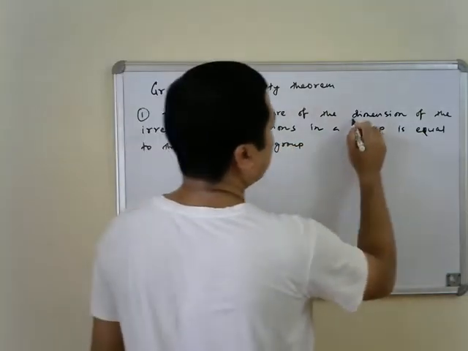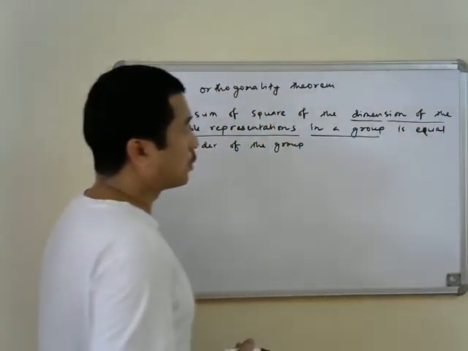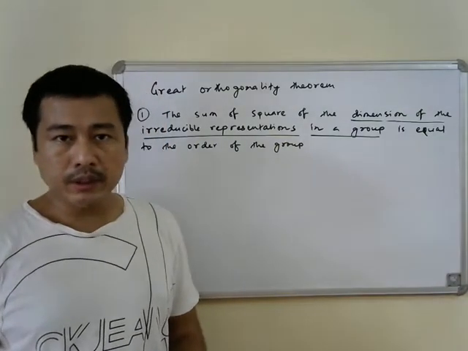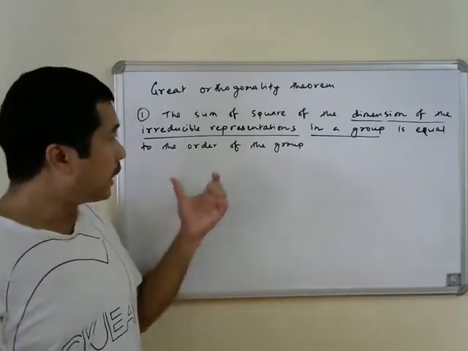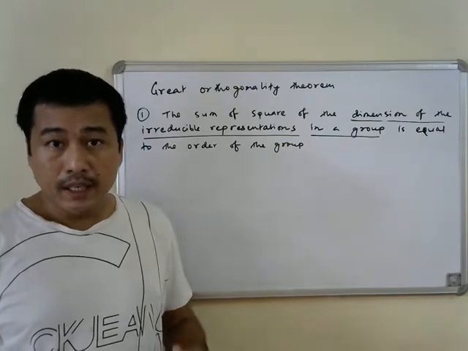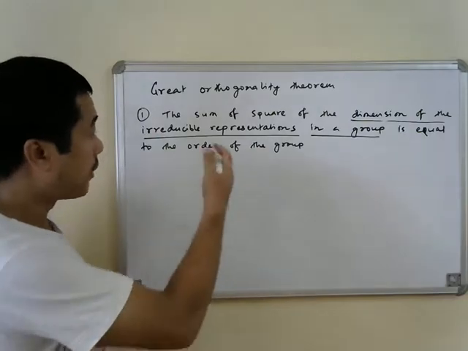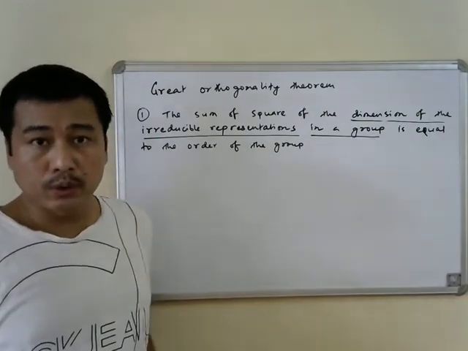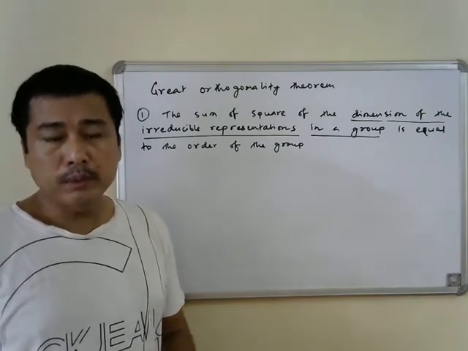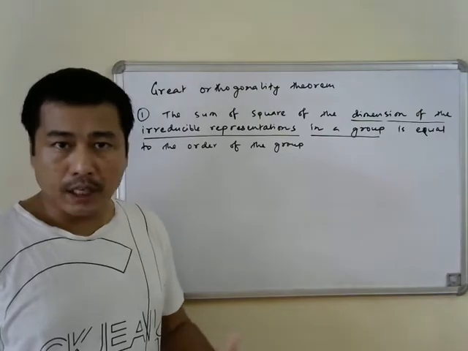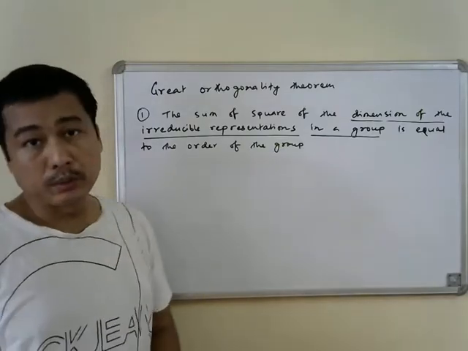So we take the dimension of the irreducible representations that are present within a group. What is the dimension of an irreducible representation? It is nothing but the order of the matrices for different symmetry operations in that irreducible representation. Within a given irreducible representation, the order of all the matrices for different symmetry operations is going to be the same, and that is why we have only one dimension for the irreducible representation.